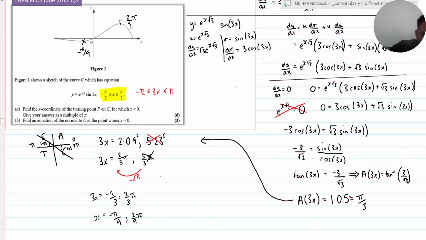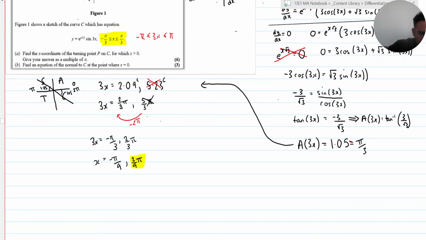So actually, I still haven't finished this, have I? Because they said it's just the x coordinate I want. So the x coordinate would be this one here. Super. So we've still not finished this, have we?